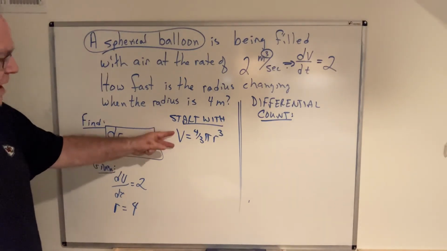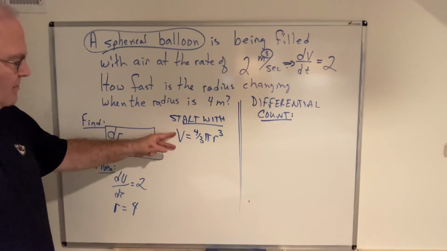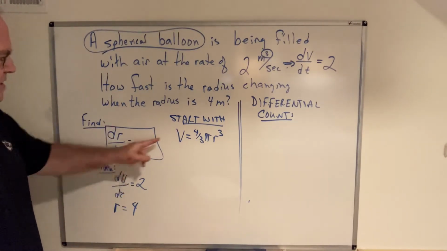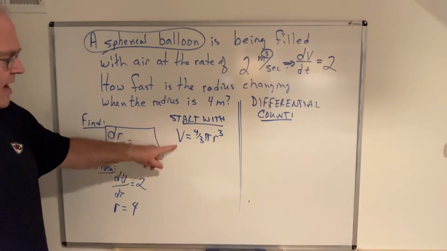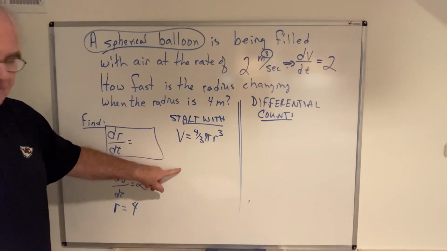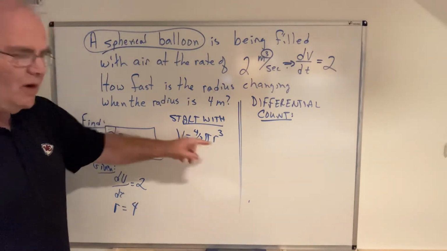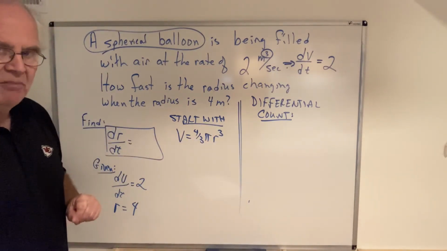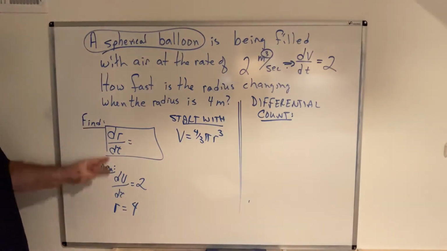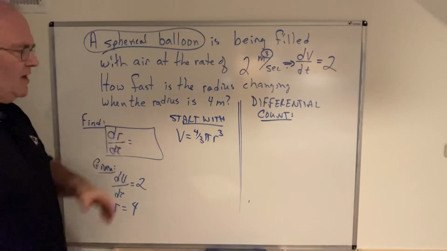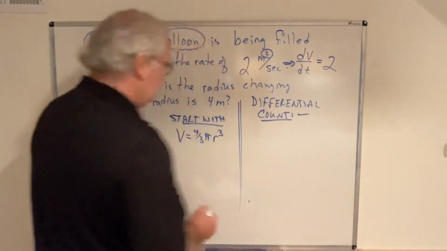So do we want dV dt in the problem? Yes, it's right here. So check. Next variable, R. Do we want dr dt in the problem? Yes, that's the one we're looking for. So our differential count is good.